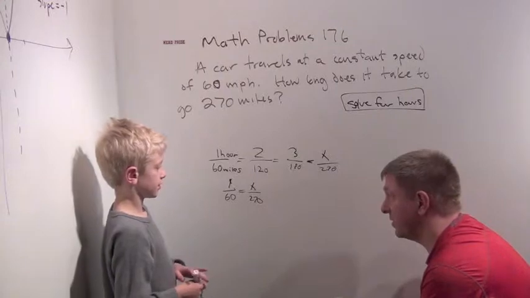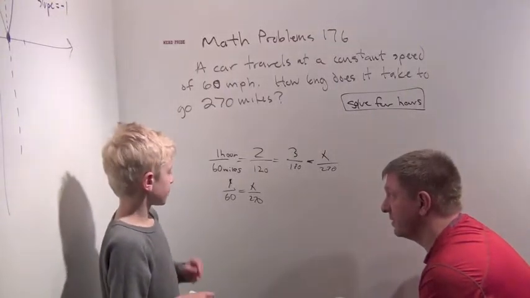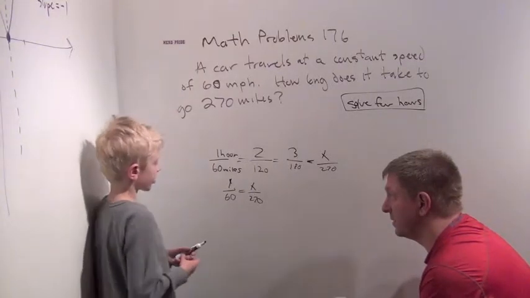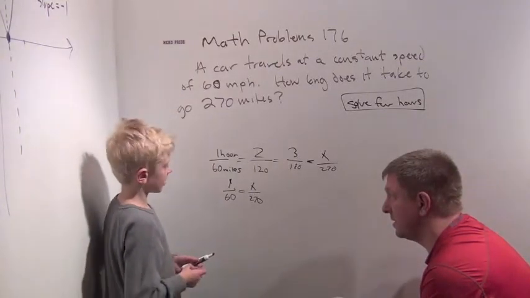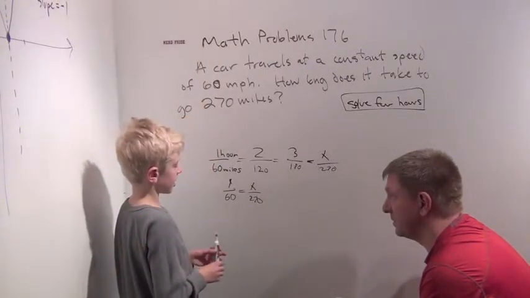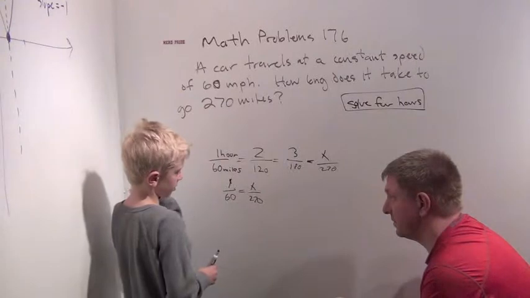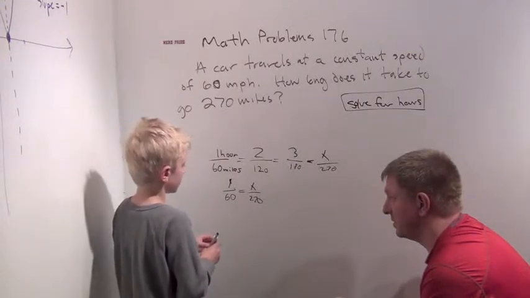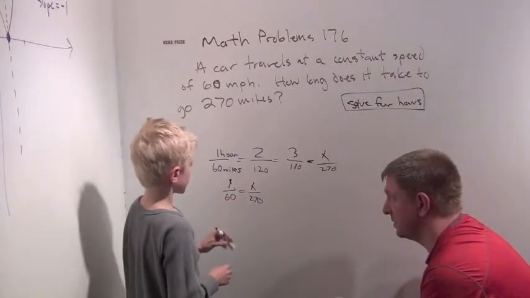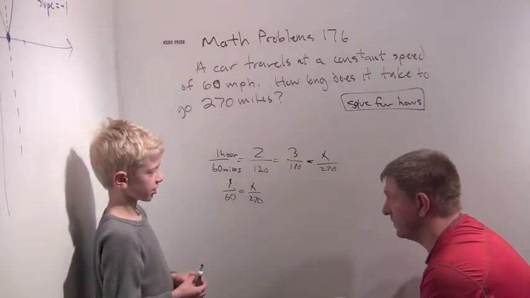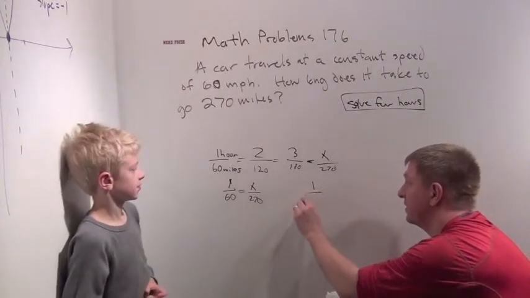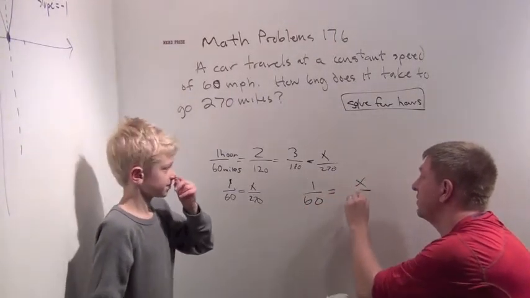Why does dividing 270 by 60 work? Well, this time you know what you're dividing by, so you just have to find the quotient. Quotient, yeah. But we also have this ratio here. 1 over 60 equals x over 270.